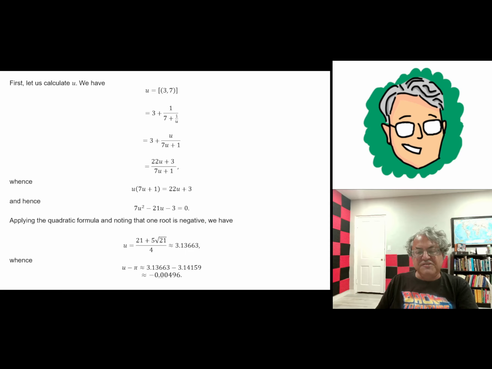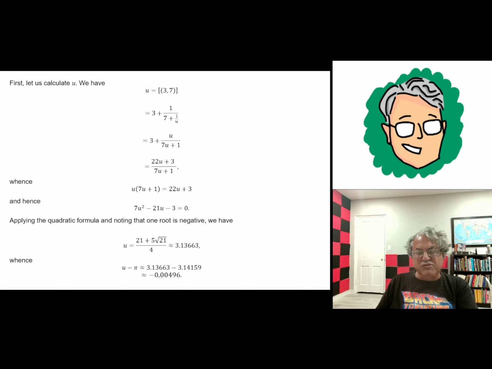And that's easy enough to calculate with a calculator or with a computer. I did it with Mathematica, but you can do it with pretty much any calculator. You get approximately 3.13663, which I think you can see is a little bit less than pi.